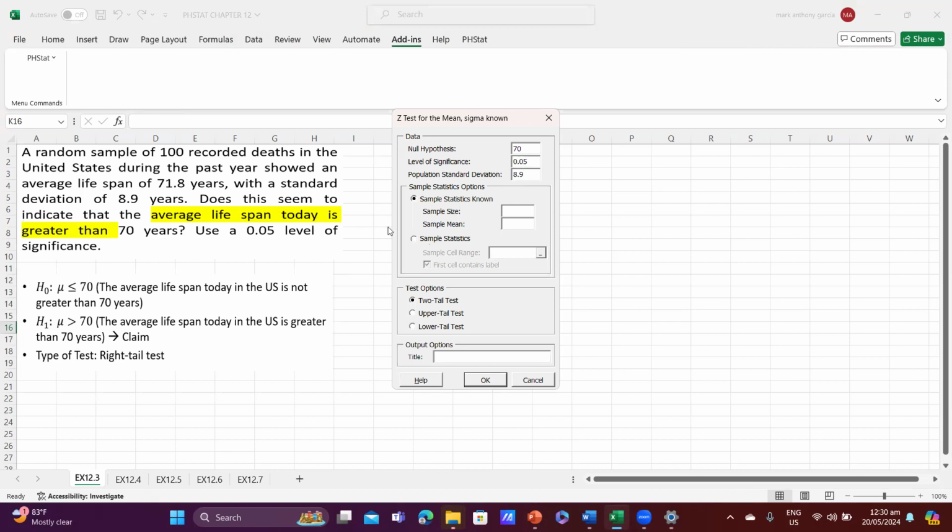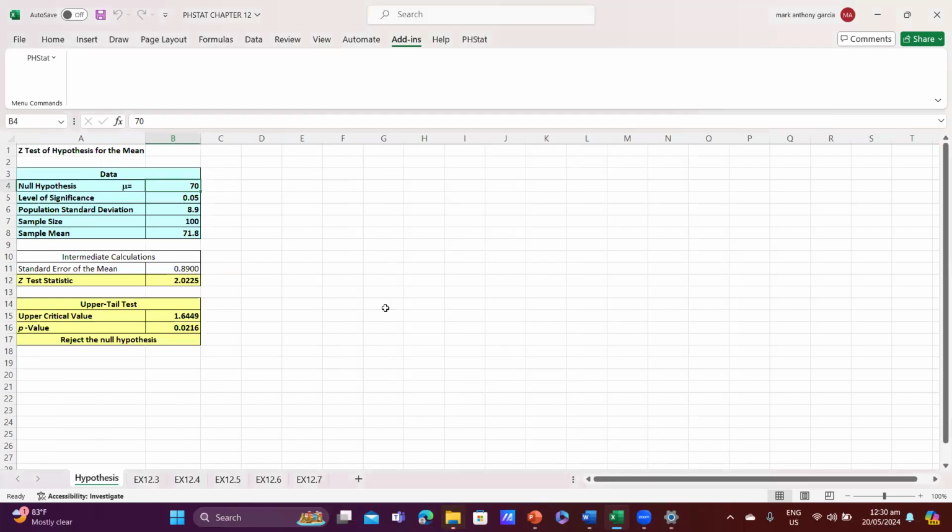And since our sample statistics are known, we can just supply the sample size, which is 100, and the sample mean, which is 71.8 years. Now, as for the test options, we have to pick the correct type of test. Since the type of test here is a right-tail test, we choose the upper tail test. And then we press OK.